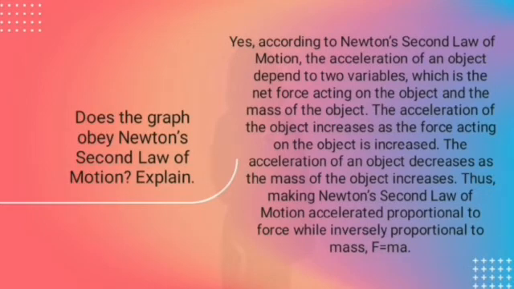The acceleration of the object increases as the force acting on the object is increased. The acceleration of an object decreases as the mass of the object increases, thus making Newton's second law of motion: acceleration is proportional to force while inversely proportional to mass, F equals ma.